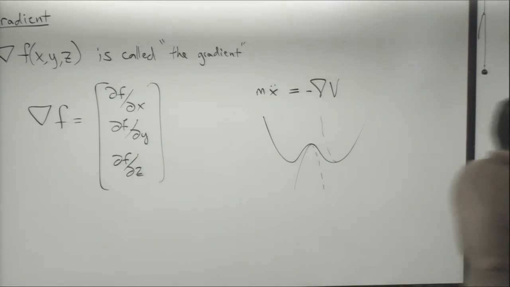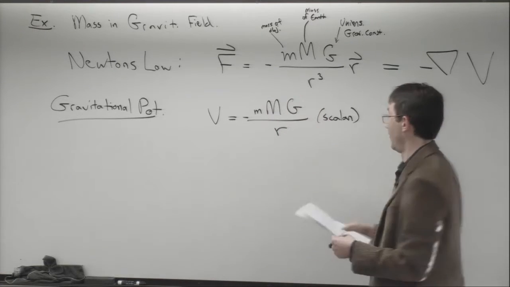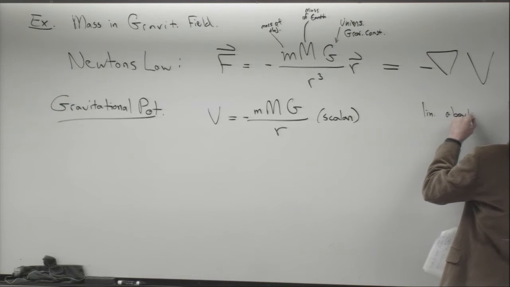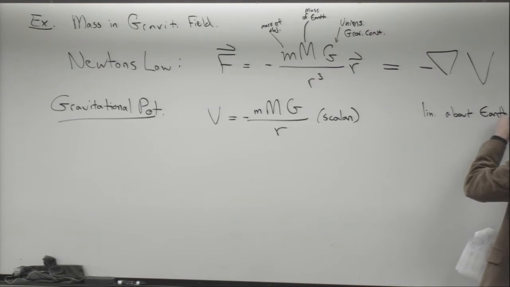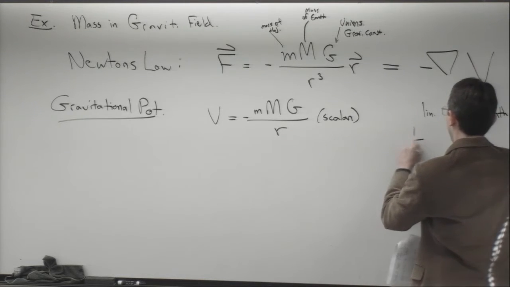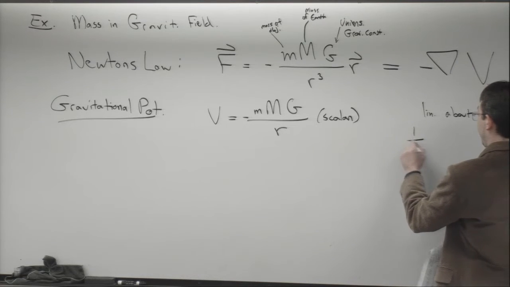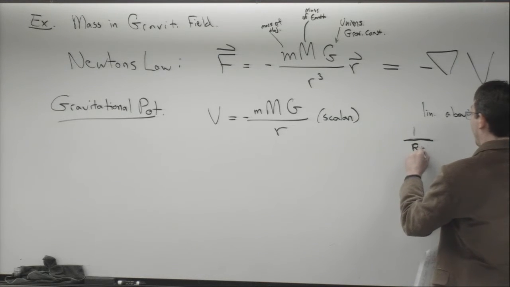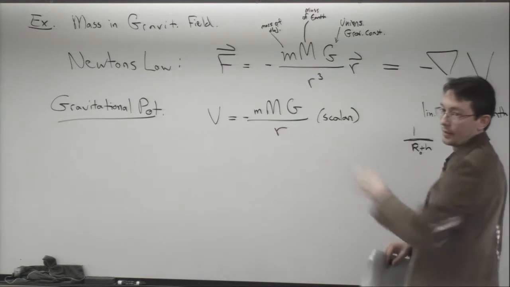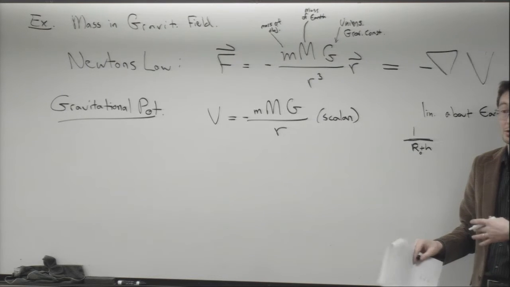And so you can linearize about Earth radius, call that r0. And so if you take this function 1 over r and linearize it about, let's say we're at 1 over r plus h, and linearize this about r naught, you'll get the typical gravitational potential that we're all used to seeing, which is mgh.